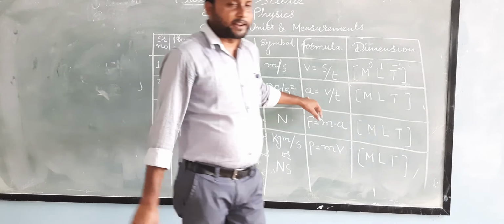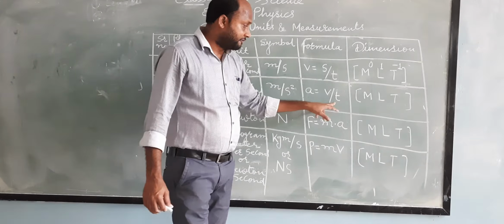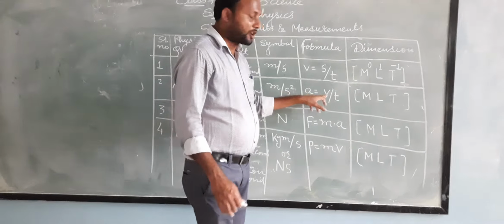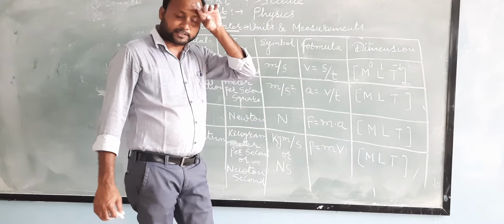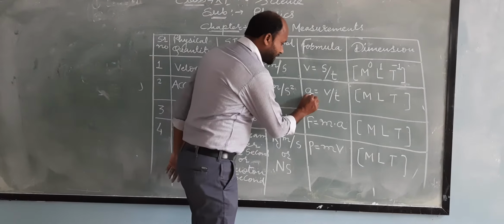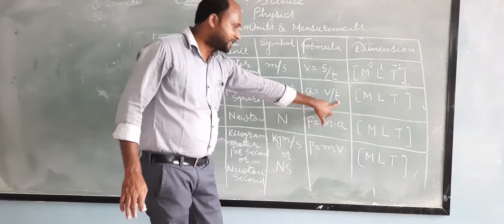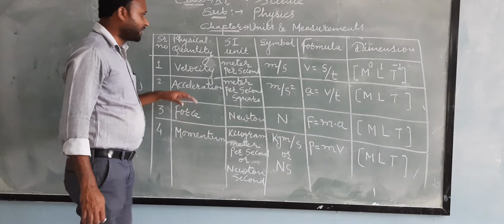Now we have defined acceleration as the rate of change of velocity with respect to time t. Rate of change of velocity with respect to time is called acceleration. So a stands for acceleration, v stands for velocity, and t stands for time. So a equals v upon t is the formula of acceleration.